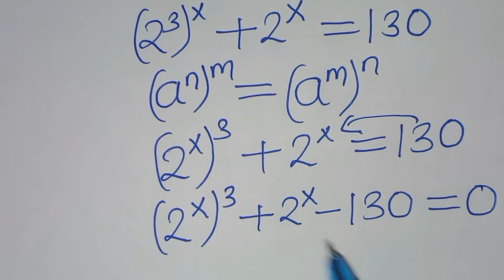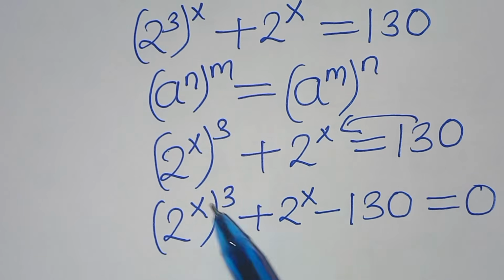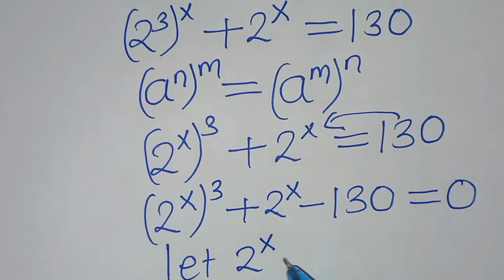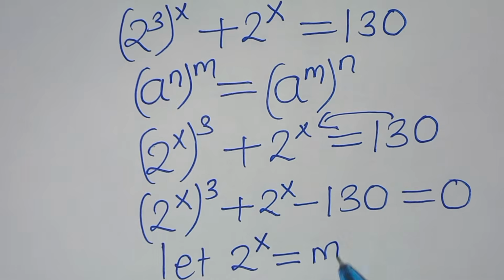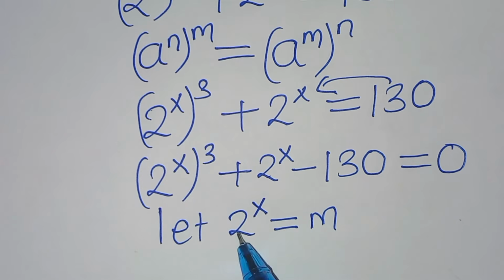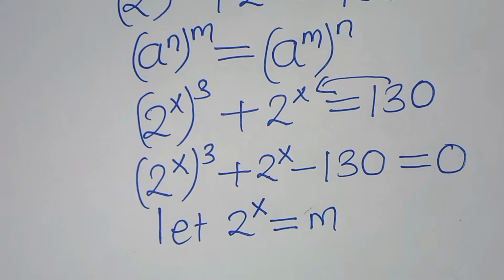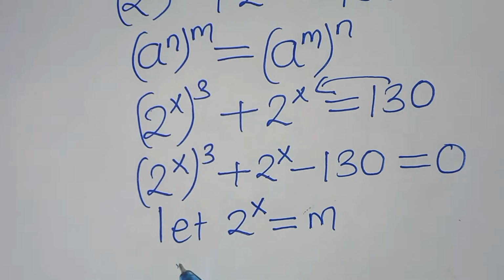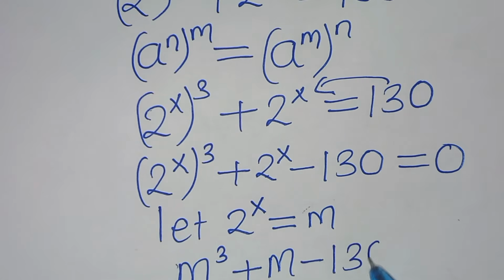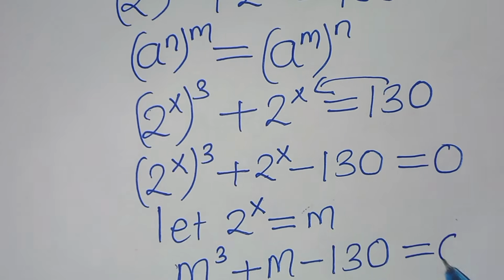Now we have 2 to the power x here and 2 to the power x, so we can just say, let 2 to the power x be equal to m. So now we can substitute m for 2 to the power x. We have m to the power 3, plus m, subtract 130. This is equal to 0.